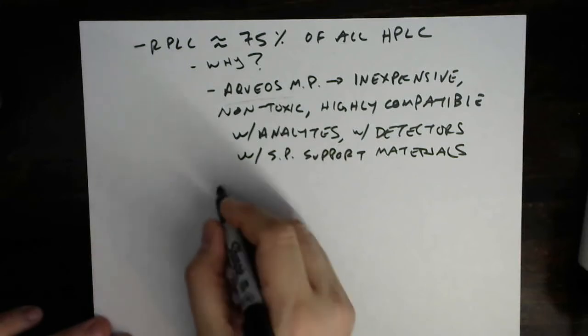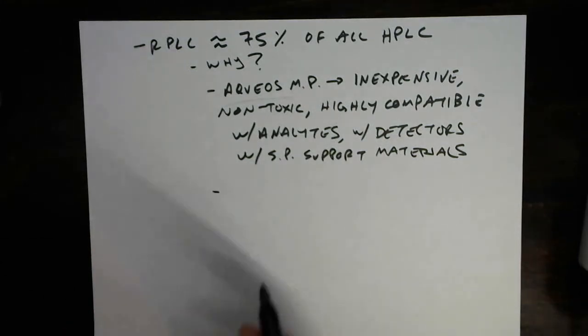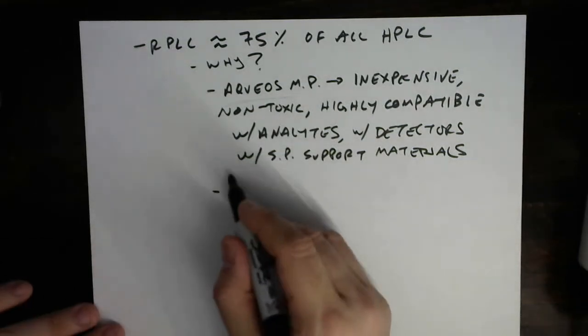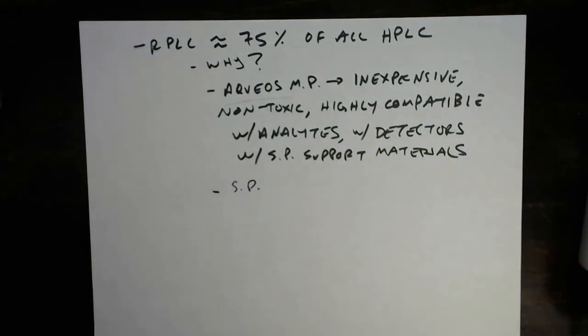Okay, and the other thing is that the stationary phase, because when you think about nonpolar things dissolving other nonpolar things, we're talking about things like London dispersion forces, right? We're talking about the hydrophobic effect.